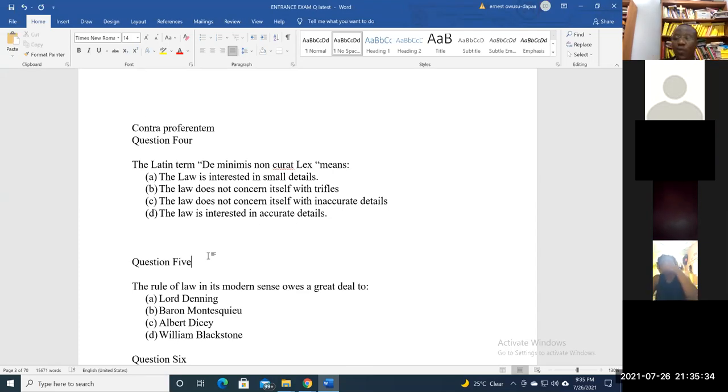That way he gave some structure or coherence to the common law. So I will associate Blackstone with the development of the common law, but not necessarily with the rule of law. So that is what I would keep in mind.